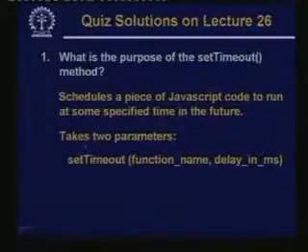Now, here you must specify 2 parameters to this function or method. The first one is which JavaScript method to invoke, and the second parameter will indicate after how much delay it is to be invoked, and this delay has to be specified in milliseconds.